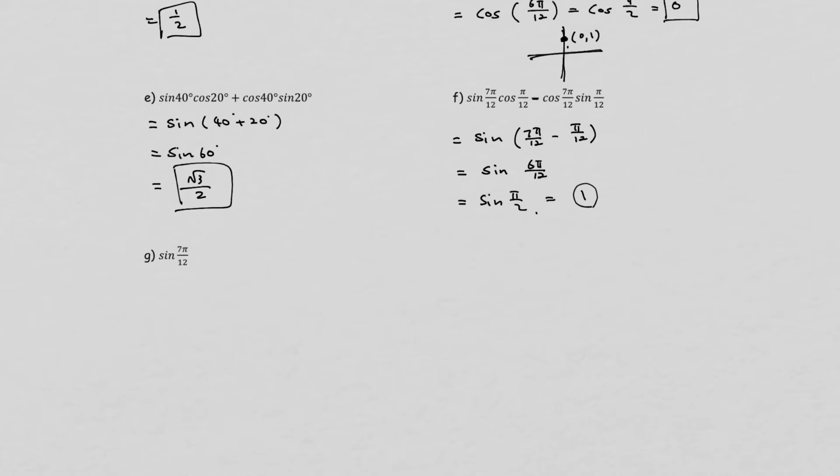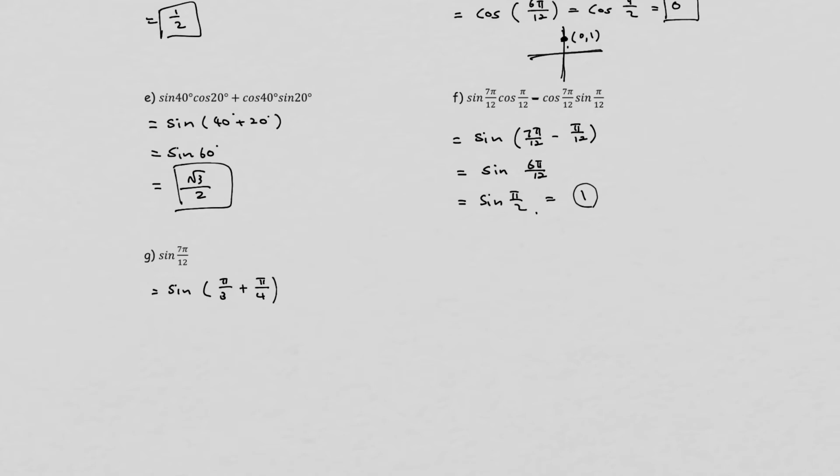What about the G problem? We have sine 7 pi over 12. That's the angle that we don't know. And it's a single angle, so maybe we can use the sum and difference formula. How do we get 7 pi over 12? If I add pi over 3 plus pi over 4, right?